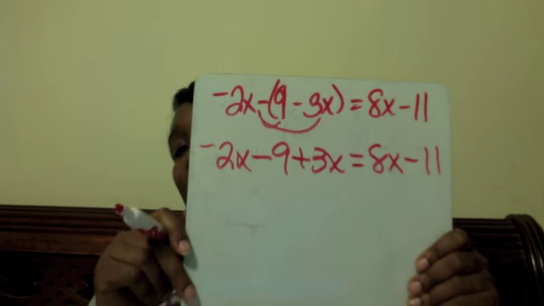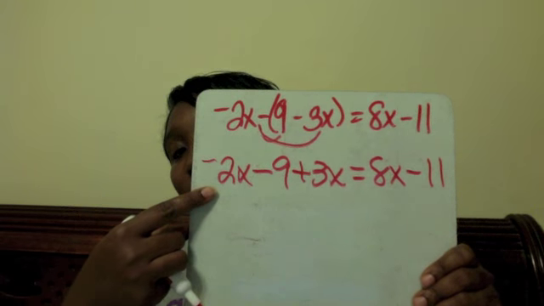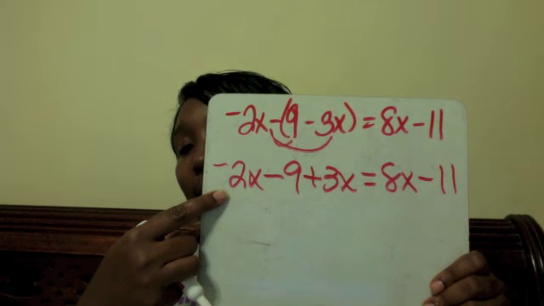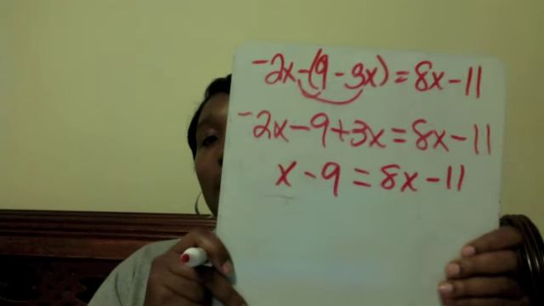Okay, now if you look on this side, you will see that you can combine like terms. Your like terms are 2x and 8x. Okay. Now, subtract 8x from both sides.